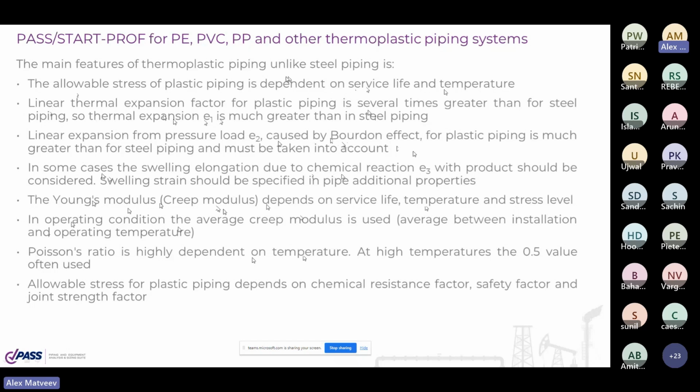So we have to add it in the database for different temperatures. And also the allowable stress for plastic piping depends on chemical resistance factor, which we also should consider.